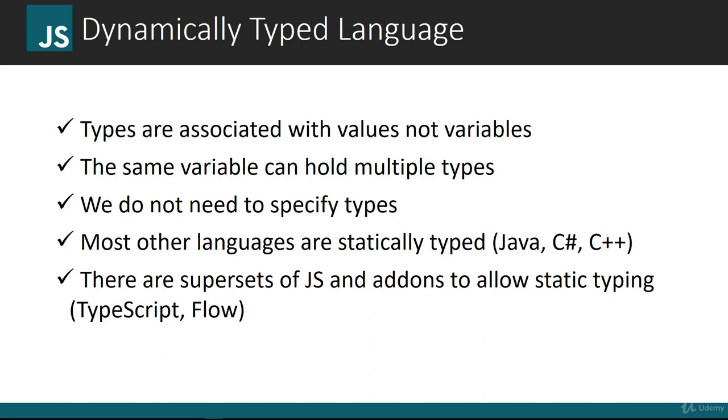In fact, in many languages you actually have to define what type of value is going to be in that variable. So you would have to write the variable name, then string, or int, or float, or whatever type would be allowed in that variable. Okay, this is much different than how JavaScript works.